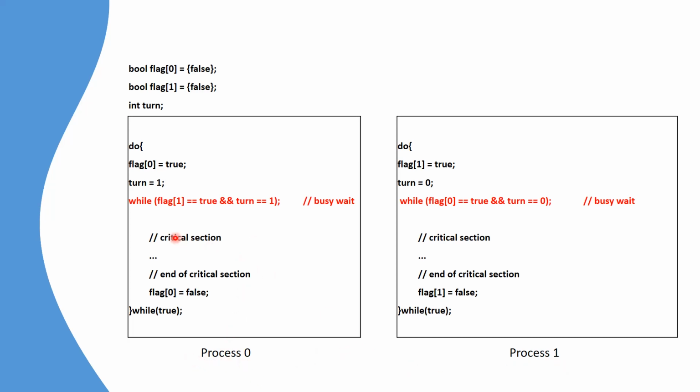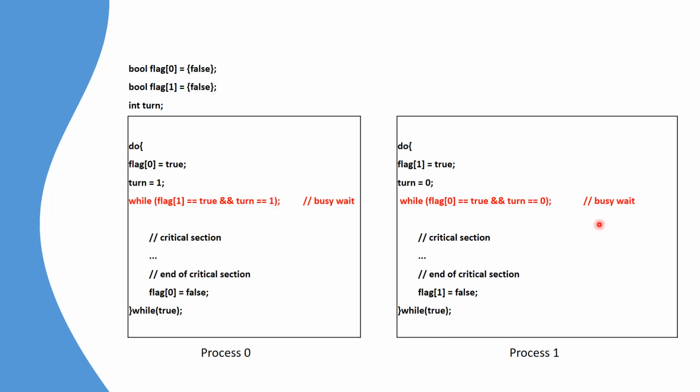Flag 1 means process 1 is ready to enter, flag 0 means process 0 is ready to enter. So we have to set the value of both the flags, and turn indicates whose turn it is, process 1 or process 0.